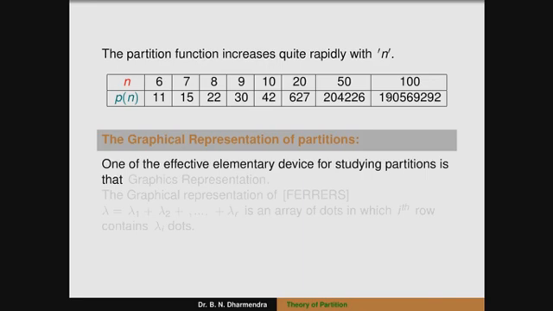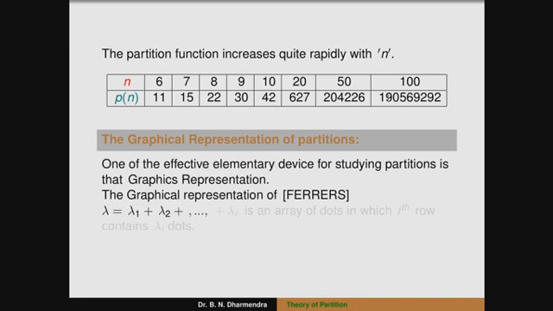One of the effective elementary devices for studying partitions is a graphical representation, that is, the graphical representation of arrays, where lambda is equal to the parts of n. Lambda 1, lambda 2, up to lambda r is an array of dots in which the ith row contains lambda i dots.